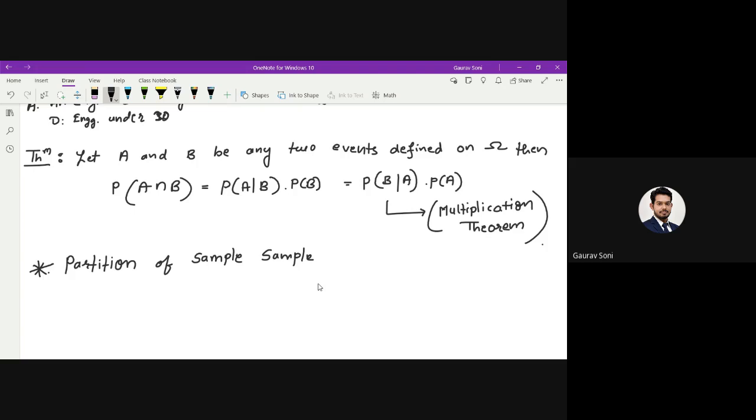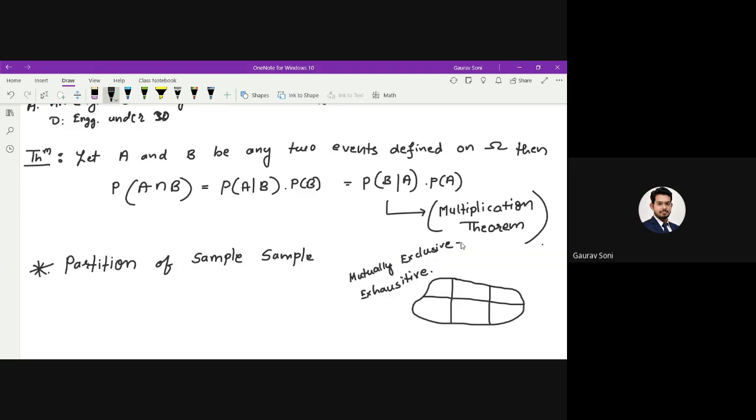If you have a sample space S, I'll divide this complete structure into mutually exclusive and exhaustive events. What is mutually exclusive?